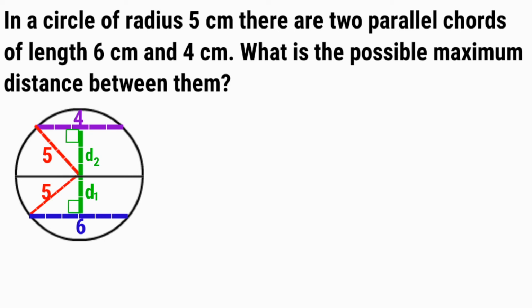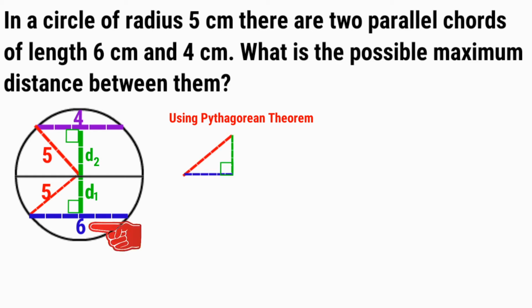To solve this problem, we will be using the Pythagorean Theorem. And since the distance bisects the two chords, 6 centimeters will become 3 centimeters. That would be one side of our right triangle. The 5 centimeter radius is our hypotenuse, and d1 is our opposite side.